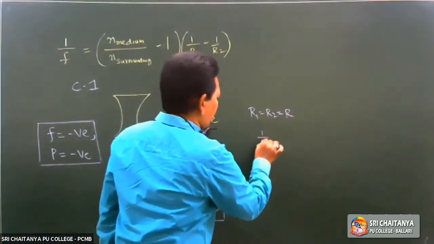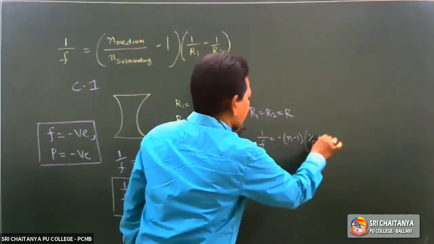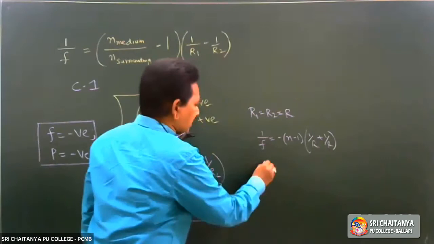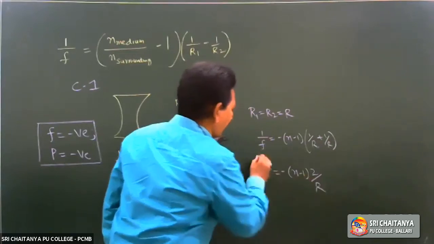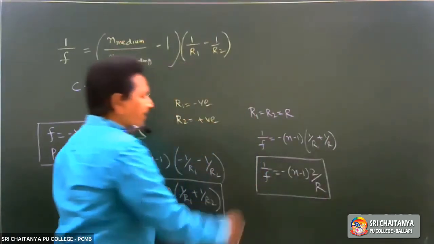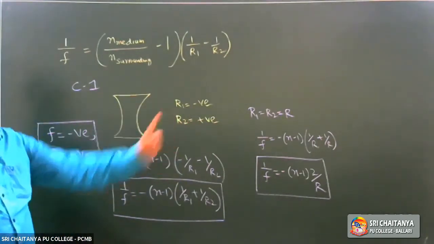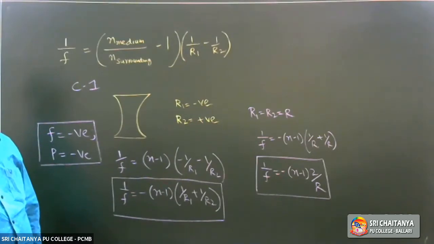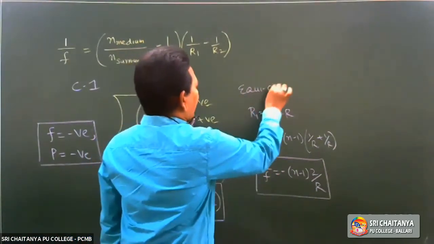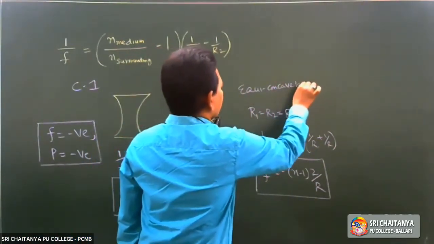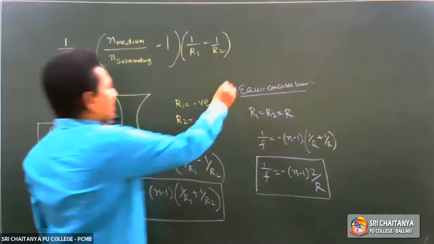Therefore, 1 by f is equal to minus (n minus 1) into (1 by R plus 1 by R). 1 by R plus 1 by R becomes 2 by R. If it is an equiconcave lens, the expression for the focal length is 1 by f is equal to minus (n minus 1) into 2 by R. This is case 2, the equiconcave lens; case 1 was the biconcave lens.